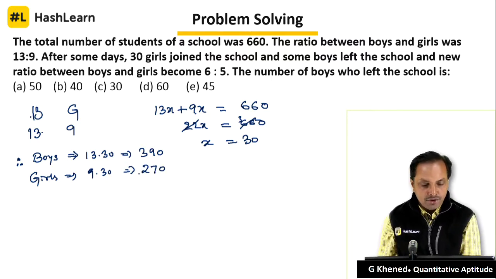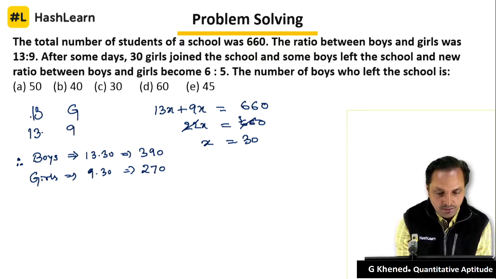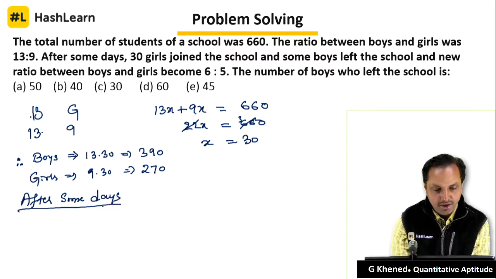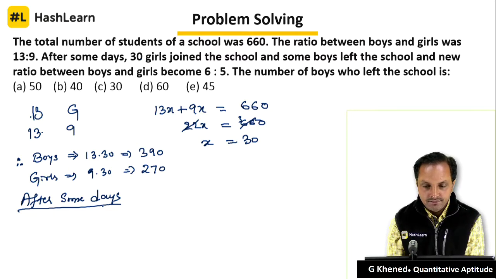So these many boys were there and these many girls were there. After some days, 30 girls joined the school. So after some days, how many are joining? 30 girls are joining, and some boys left the school.